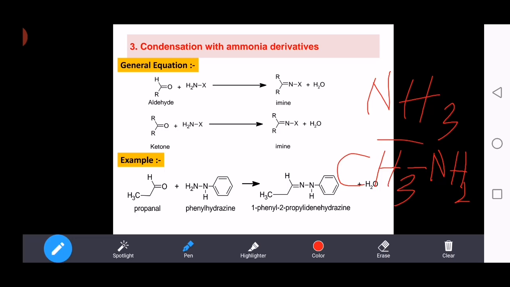Okay, so ini dikira sebagai ammonia derivative. Maksudnya daripada ammonia tu kita undergo reaction dengan apa-apa, dapat benda lain. Itu dikira sebagai derivative. Okay. So bila you react aldehyde dengan ketone with ammonia derivative, it will produce imine. Okay. This structure ni kita panggil sebagai imine.